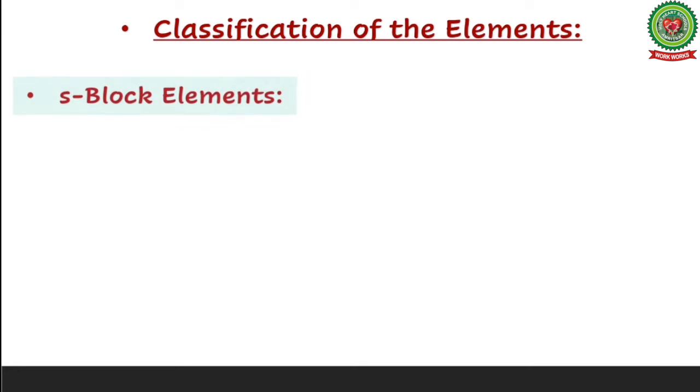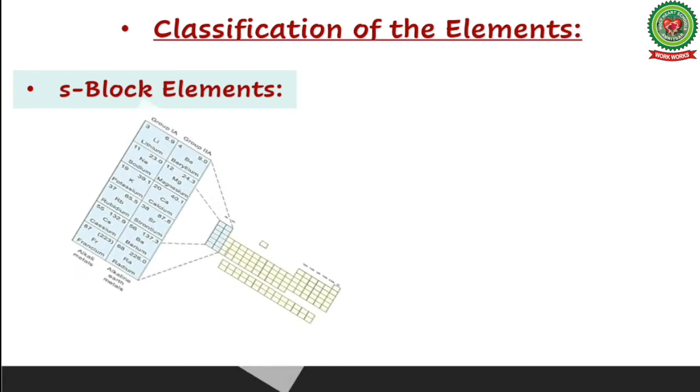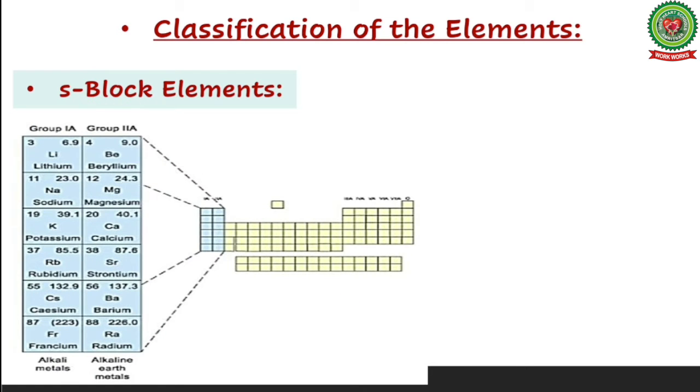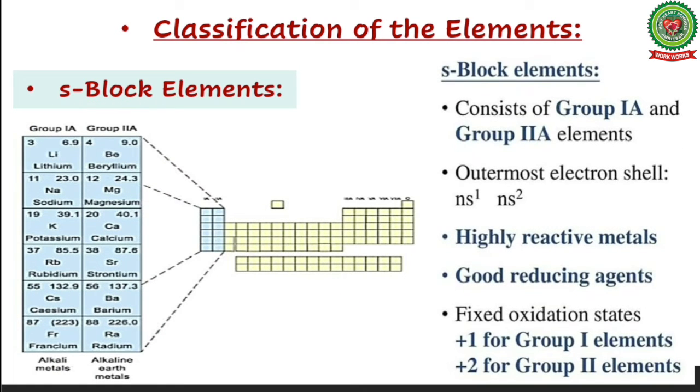Now let us first study S block elements. When we have a look at the periodic table, group number 1 and group number 2, that is group 1A and 2A, are known as S block elements. If it is group 1A, then the electronic configuration will be ns1, that is, one electron is entering in the s orbital.